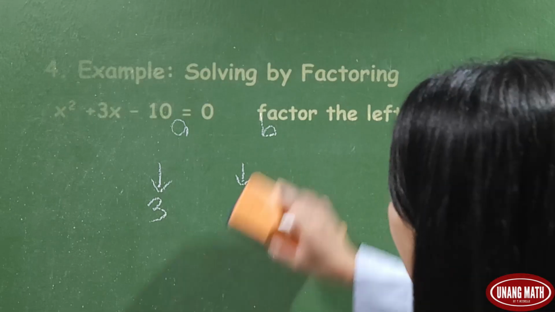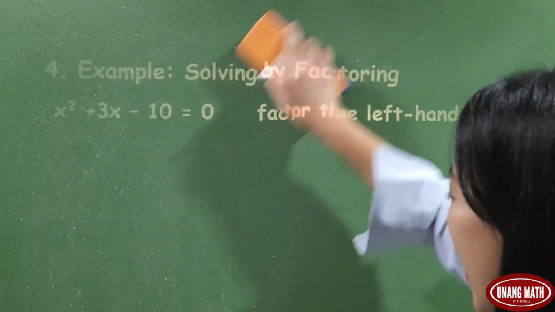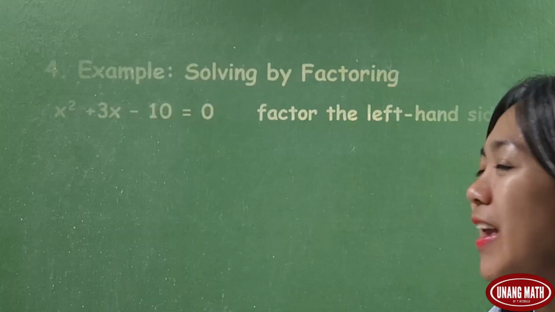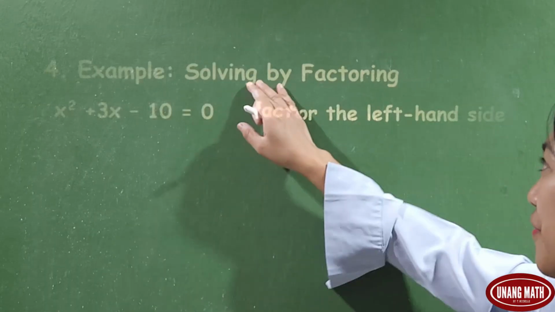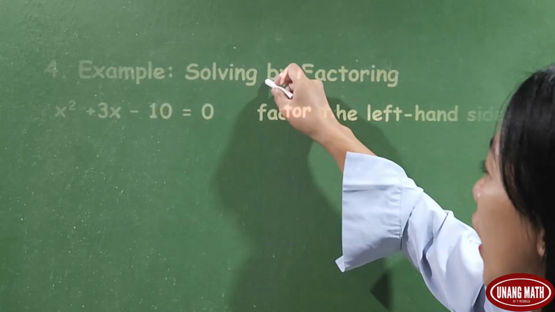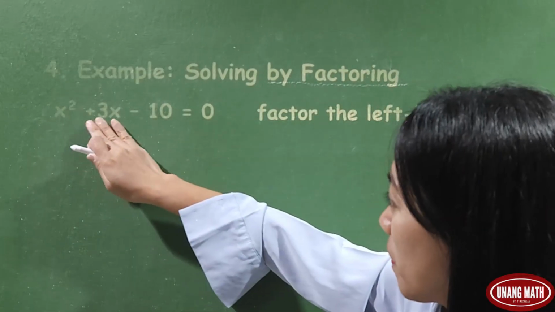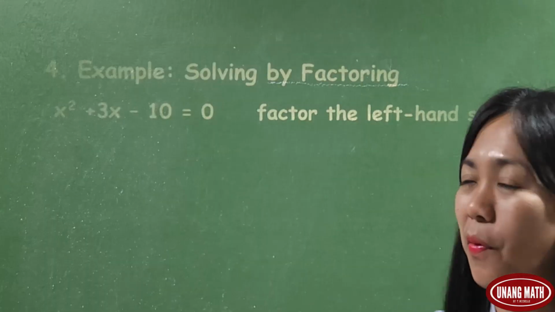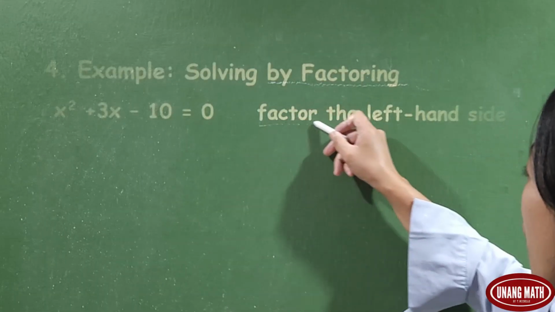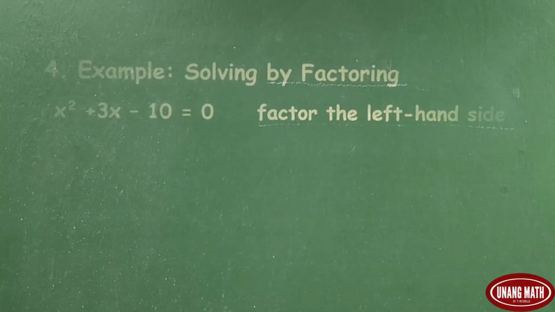Okay, now let's try to solve this quadratic equation by factoring. Our equation here is x squared plus 3x minus 10 is equal to 0. First, we are going to factor the left-hand side.